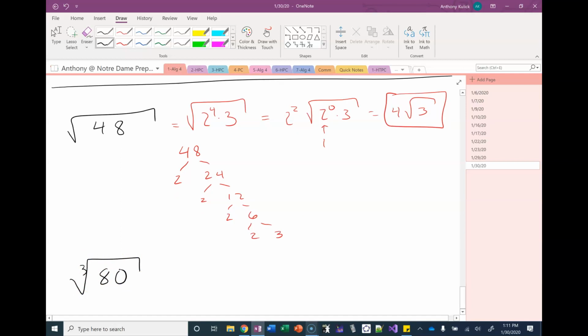Let's say we want to do the cube root of 80. What do we need to start doing? Yeah, we need to do the prime factorization of 80. Why don't you try to do that on your sheet of paper now in front of you? This is something that you should be able to do by hand without taking a ton of time.